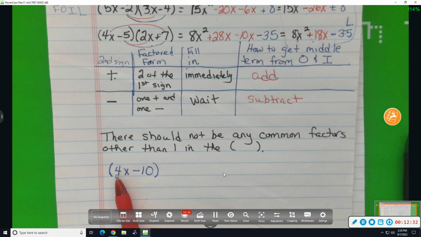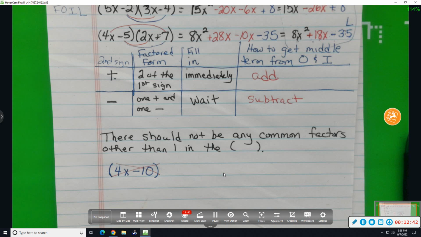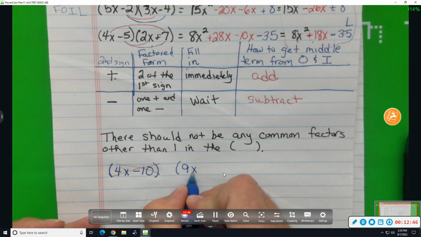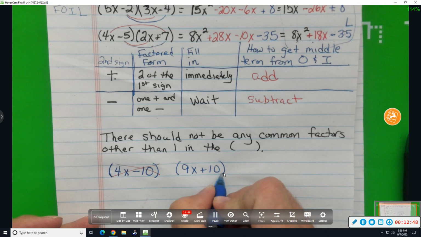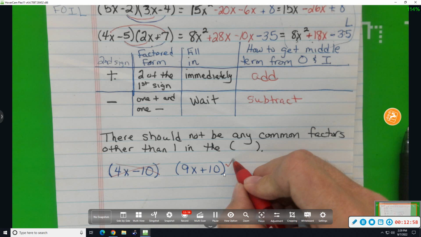What number other than 1 divides into both 4 and 10? 2. You can't have that. There cannot be any common factors. What about 9x plus 10? Could you have that? Well, is there any number other than 1 that divides into 9 and 10? No, so you could have that.